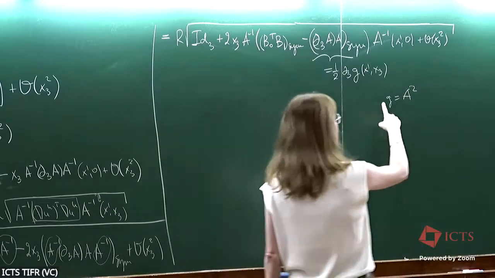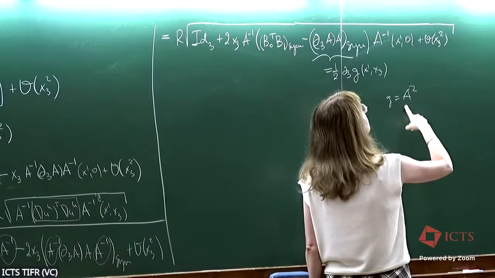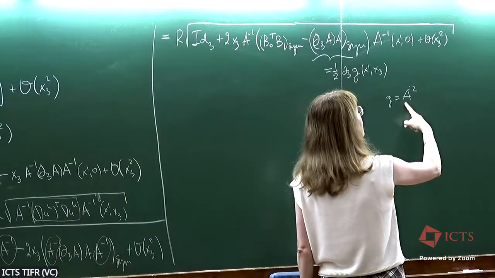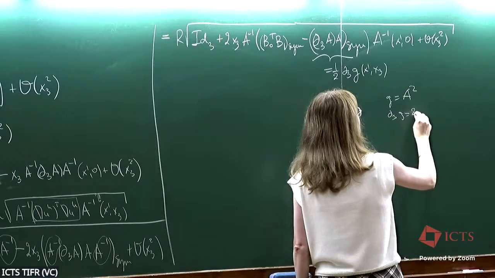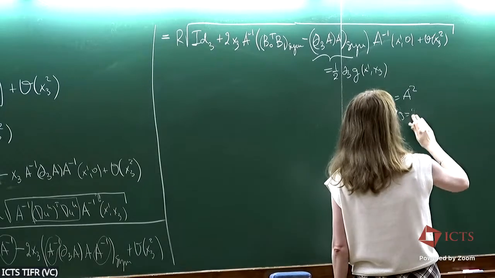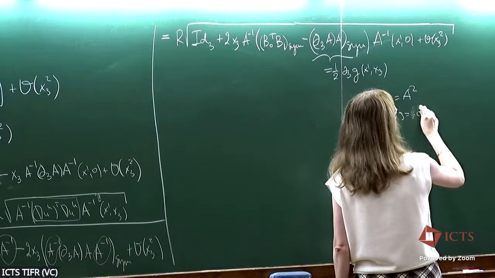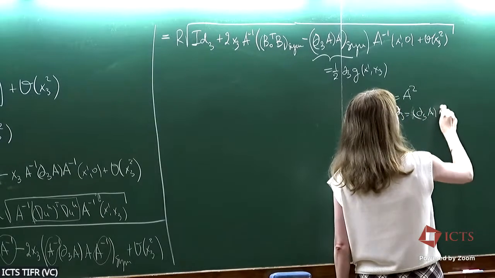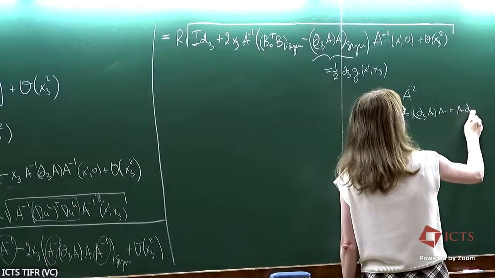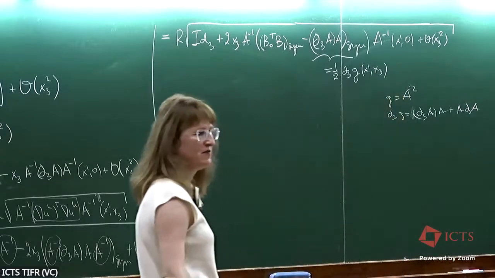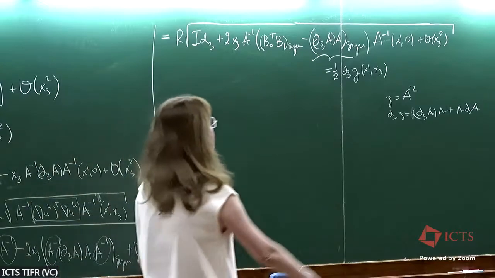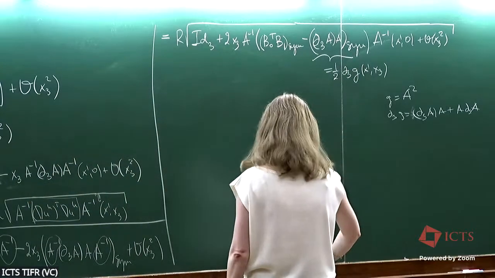So D3G is twice, I mean, it is D3A A plus A D3A, which is exactly this. So I have the symmetric part of it, just an easy calculation.